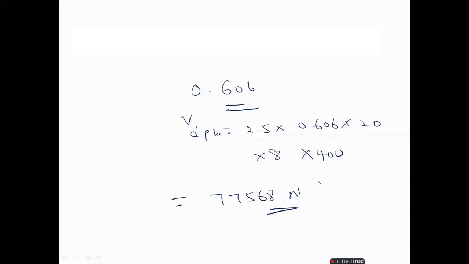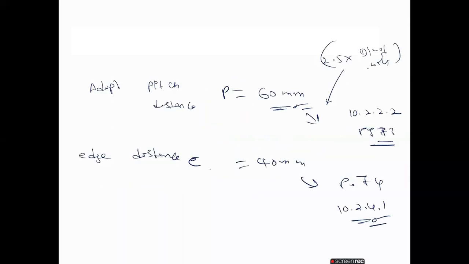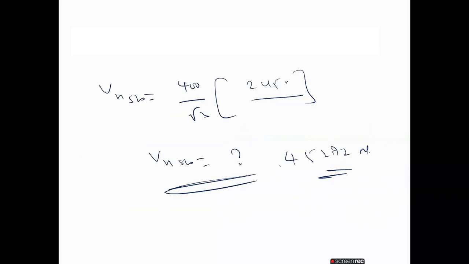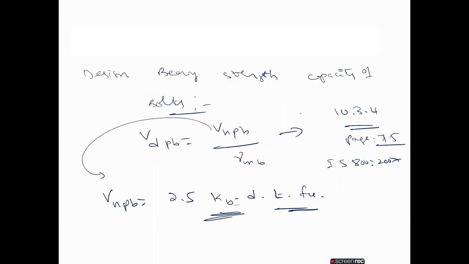The bolt value is whichever is the least value. Here we got 77,568 and here we got 45,272. So the least value is the bolt value, 45,272 newtons. Okay, this is the value we have taken.